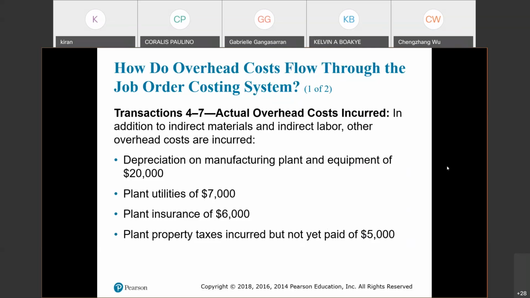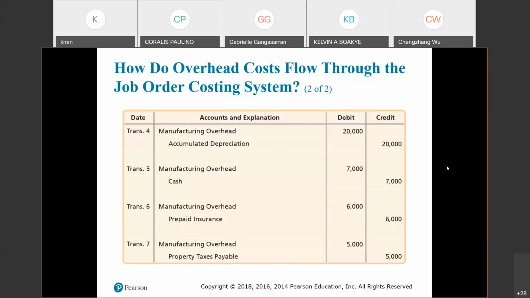Third, plant insurance previously paid for $6,000. And lastly, plant property tax incurred but not yet paid for $5,000. Well, this is what you did in making the entries.